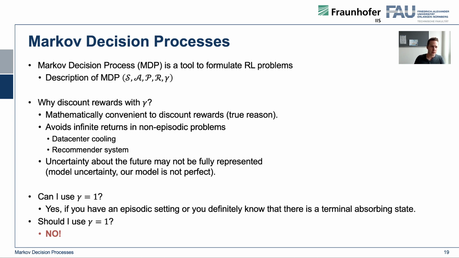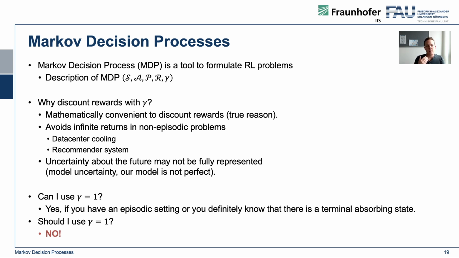So your return will go to infinity as well. And also another case, which is maybe not that intuitive right now, but is very important, is that we use model assumptions, that we have a probability transition matrix implemented in our MDP or in our environment, and usually this is just an approximation of something that's really the case.